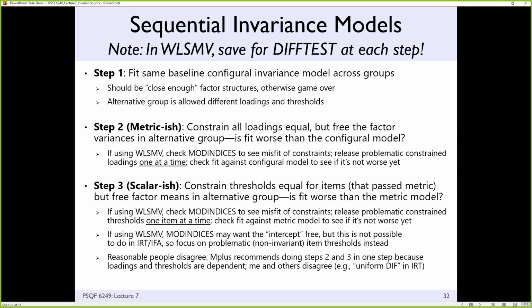I disagree. My logic is that if they have to be tested together, then uniform DIF in IRT would not be a thing. Because uniform DIF means only the B parameters are different, not the A parameters. How would you know that if everything is tested together? So if you believe uniform DIF could be a thing, then I think it makes sense to separate out the test of the loadings from the test of the thresholds.